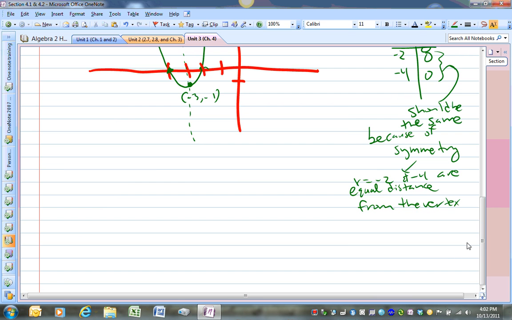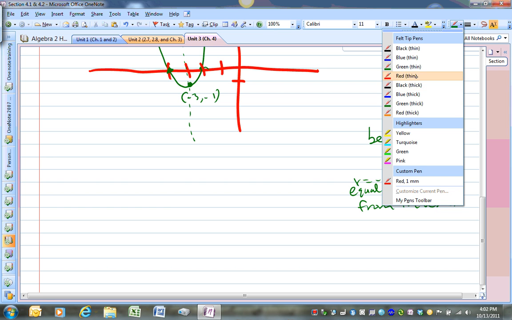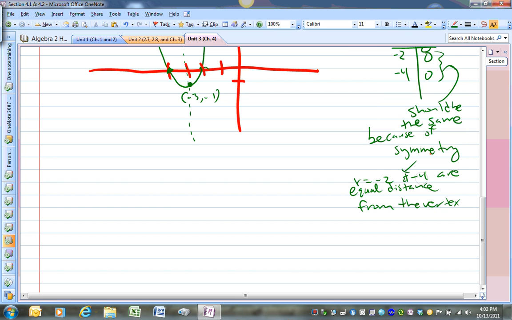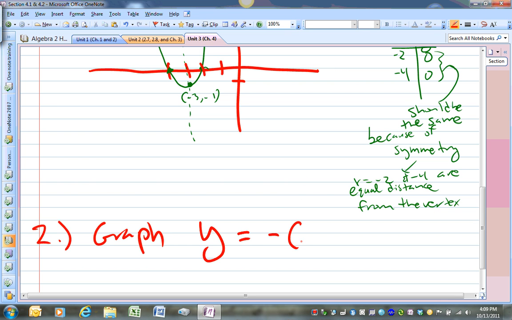Let's look at this next example. Number 2. So for example 2, let's graph the following. Y equals negative x minus 2 squared plus 3.